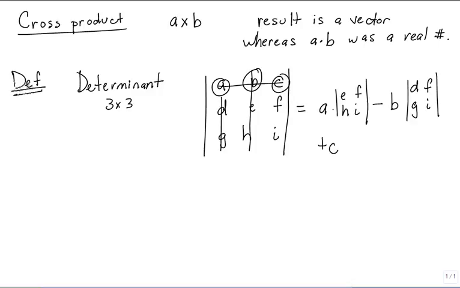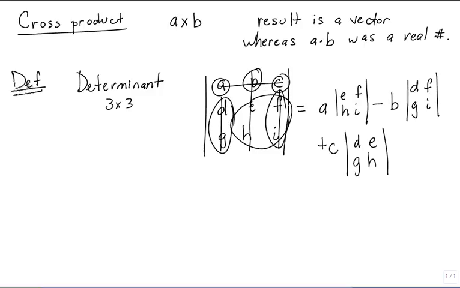Notice the signs alternate: plus, minus, plus. Then cross out the C, and we're left with D, E, G, H. So if we cross out A, we're left with this. If we cross out B, we're left with these two columns, and when we cross out C, we're left with this. And that's how we're going to do our determinant.